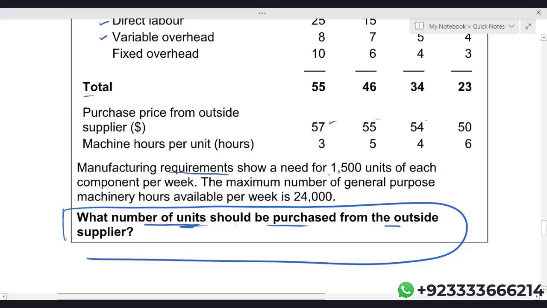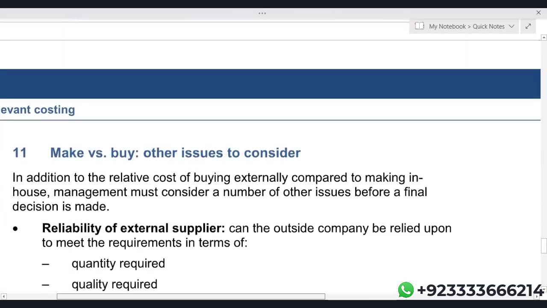Manufacturing requirement shows a need of 1500 units of each component per week. So the demand of each component is 1500 units per week. The maximum number of general purpose machine hours available is 24,000. Nothing is mentioned, so obviously the given fixed cost is your existing fixed cost, and that is irrelevant. Now, step 1, we need to calculate saving per unit. Let's do that.